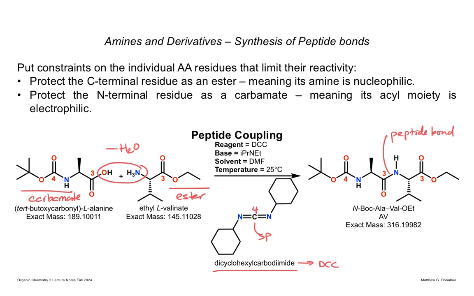Under the conditions, the mechanism for us isn't terribly important, but the oxygen of the acid will attack that to activate it. And then the nitrogen of the alpha amino acid is nucleophilic, which will then join those two amino acids together.